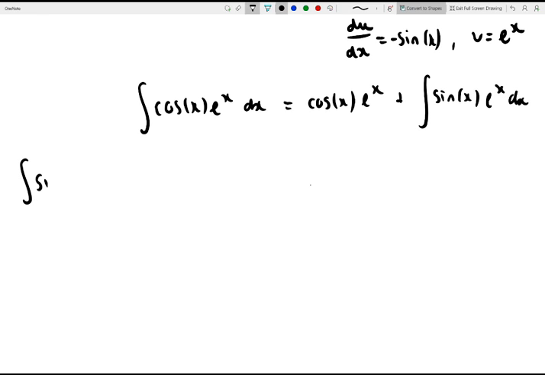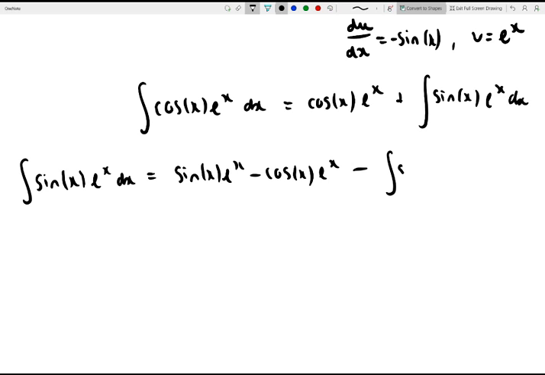So the original question was the integral of sine x e to the x with respect to x, and we've got that it's sine of x e to the x minus cos of x e to the x minus the integral of sine of x e to the x dx.